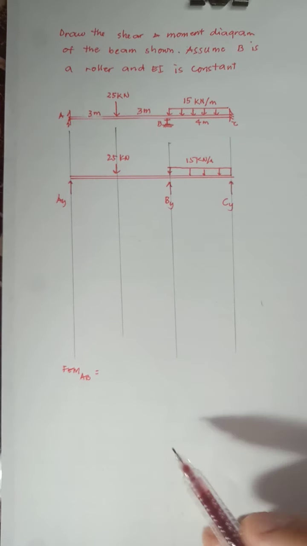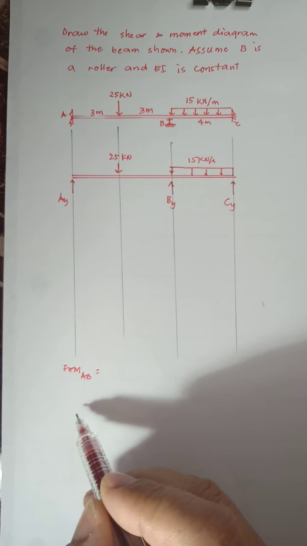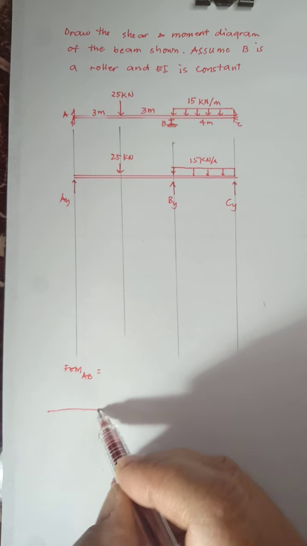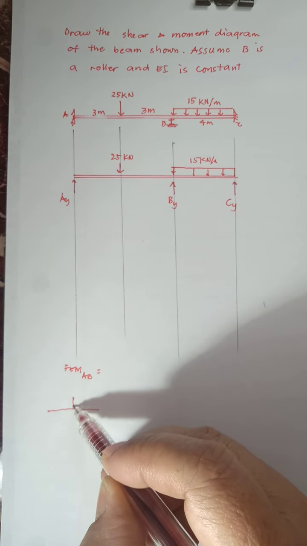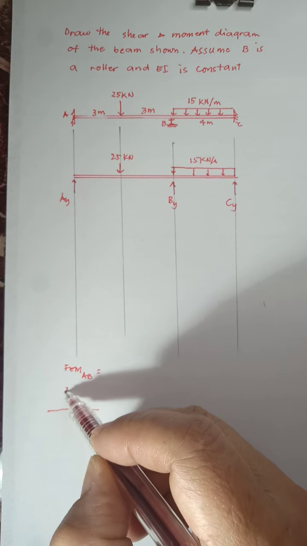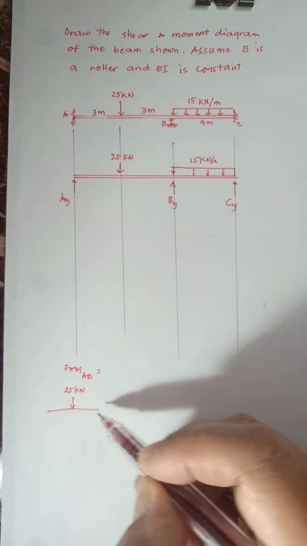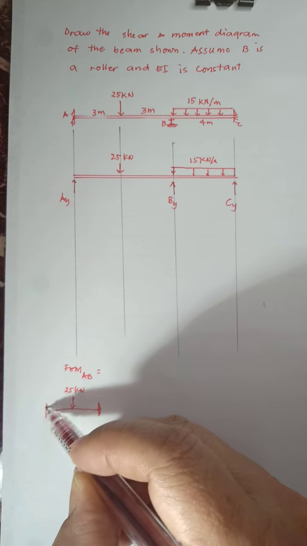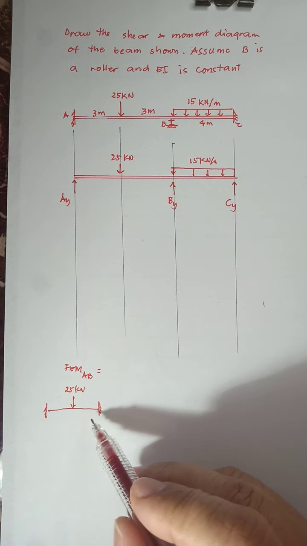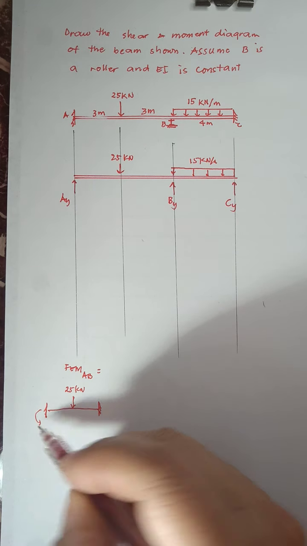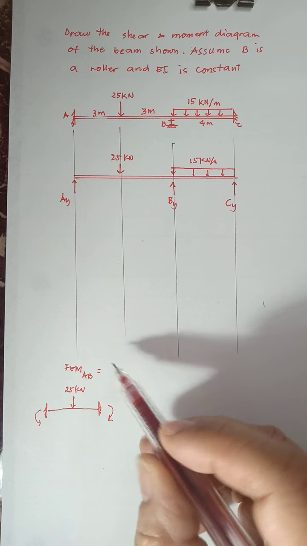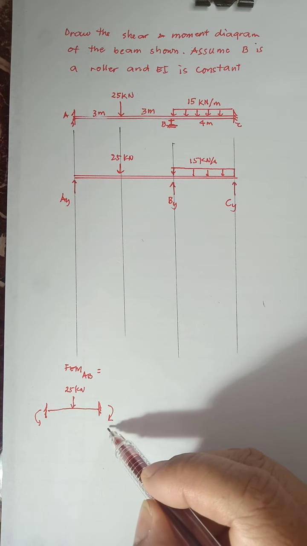Okay, so we have first segment AB, which is loaded with a concentrated load of 25 kilonewton. So ano sa ni siyang pang fixed end. Okay, solve for the end moment at AB. So sa PCAS pod we call that BA.